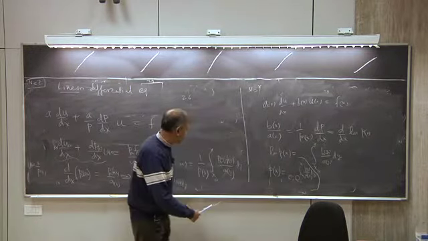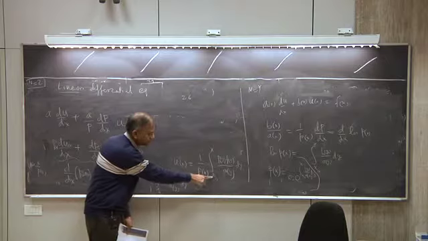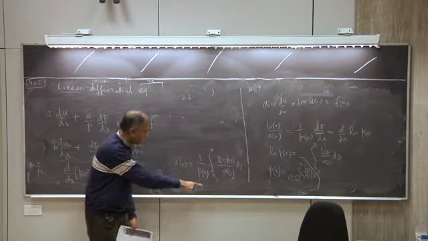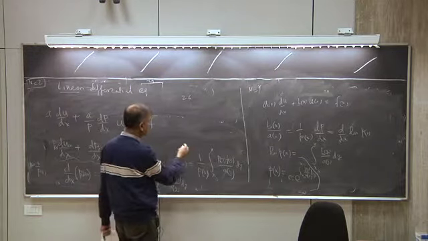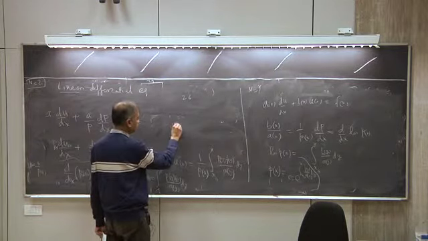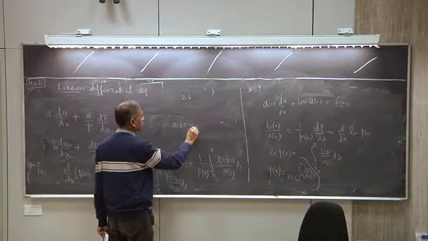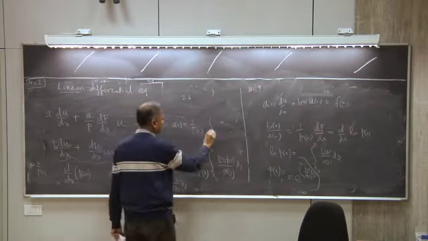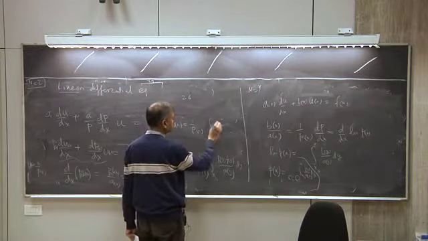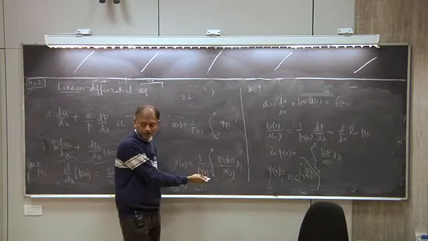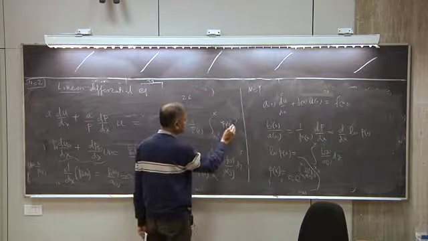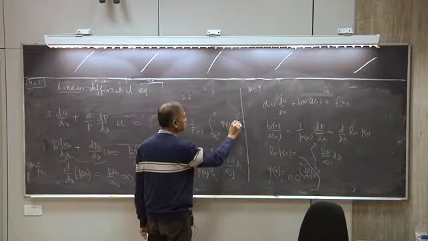That ambiguity comes from changing x naught. Let me suppose I change x naught. Instead of this solution, I consider a solution where u of x is equal to 1 over p of x, times the integral from some x naught prime to x. This point was completely arbitrary, I could have chosen another point. What's the difference between these two?